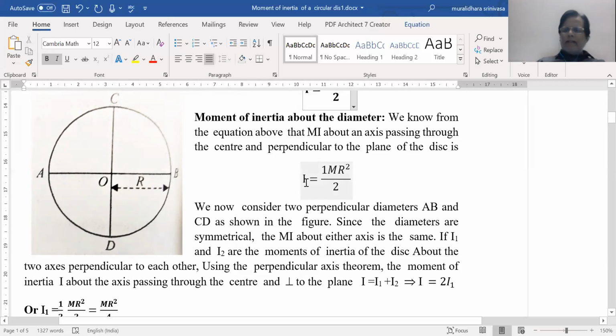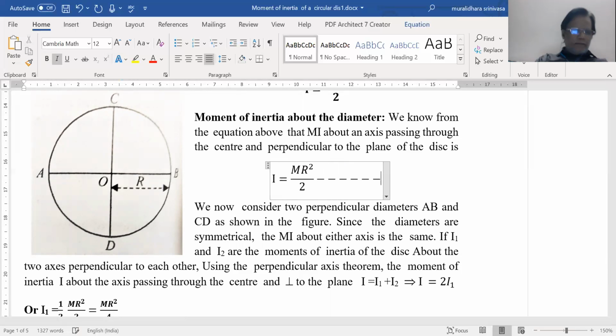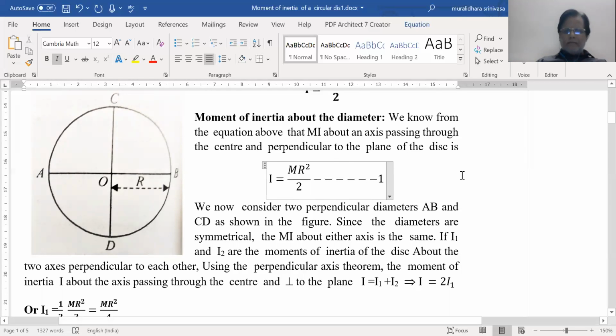So, how does it go? I, the moment of inertia about an axis perpendicular to the plane passing through the center, is given by mr squared. You may call it 1. Now consider any diameter AB or CD as shown in the figure. Since the diameters are symmetrical, the moment of inertia about either axis is the same.